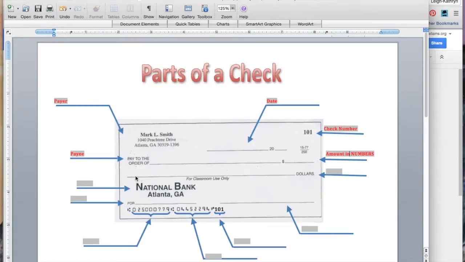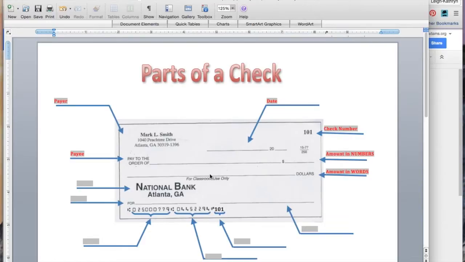Okay, the next line down, this long line, what do we put here? Notice it ends in the word dollars. So this is where we write the amount in words. In the case of our $10.75, we would write 10 and 75 cents with a squiggly line.